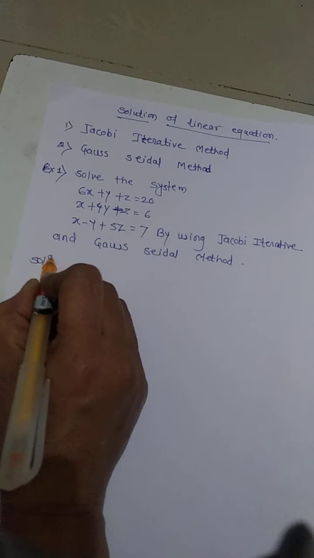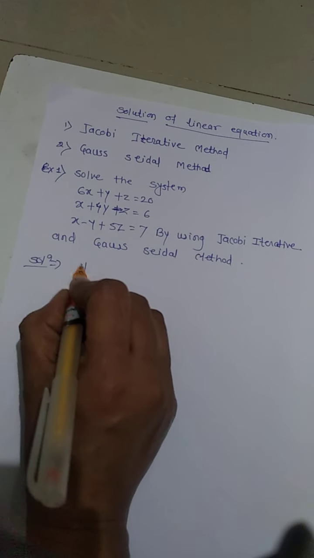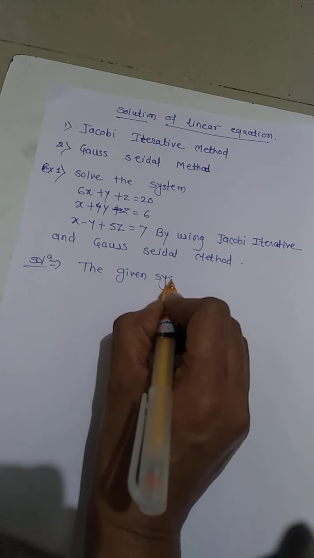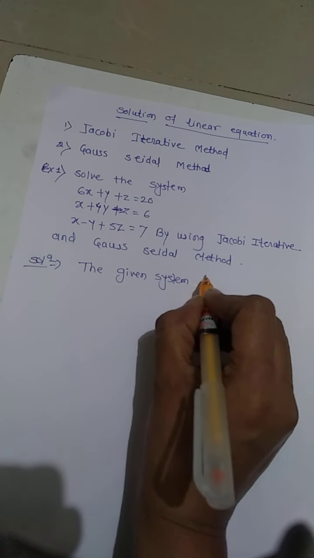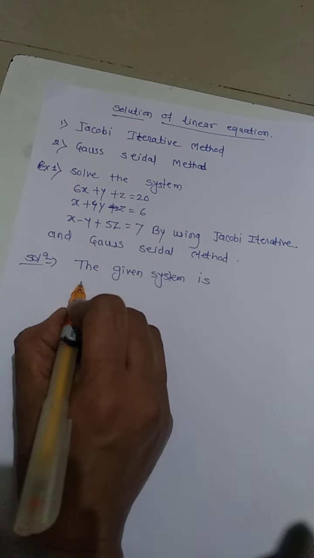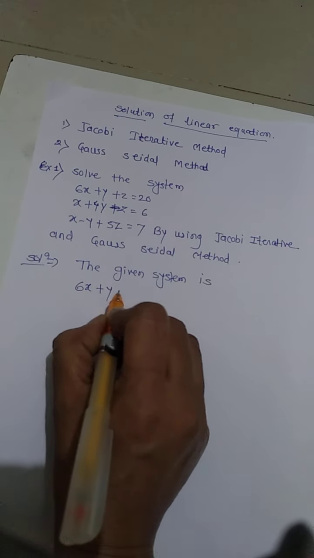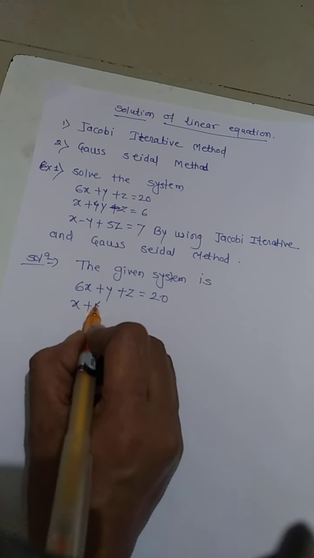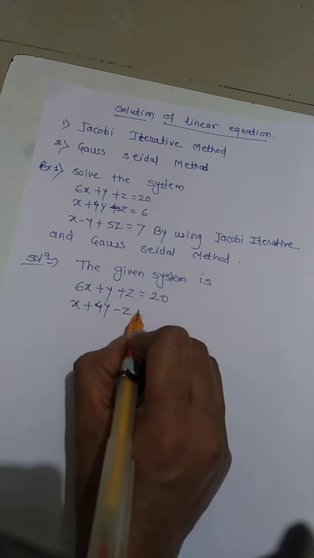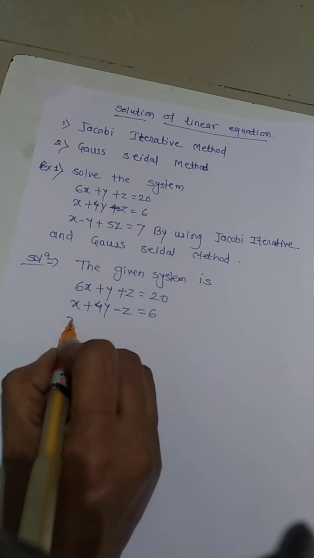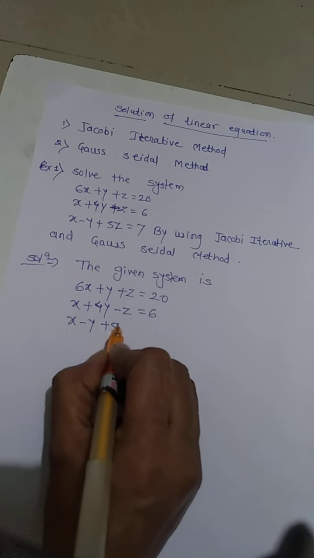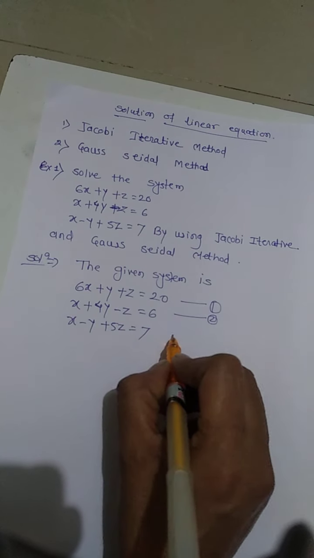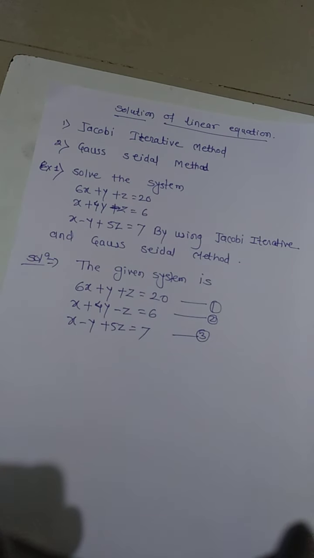Solution. The given system of equation is 6x plus y plus z is equal to 20, x plus 4y minus z is equal to 6, x minus y plus 5z is equal to 7, equations 1, 2 and 3.